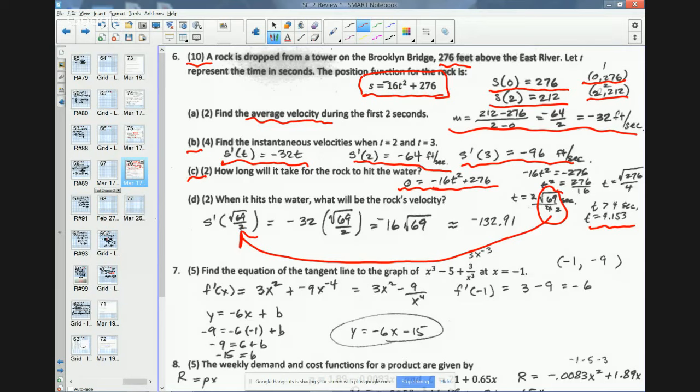So we're looking for s prime at square root of 69 over 2. Here's the formula right up here, so all I have to do is plug in square root of 69 over 2. I didn't write the label down, I should have. So what's its speed when it hits the water? Negative 132 feet per second.